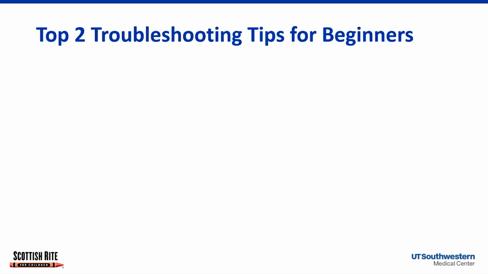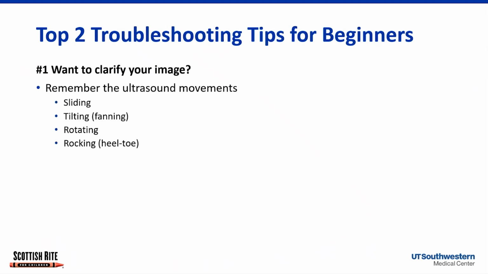All right. So just a couple of tips for the beginners out there. Like, "Man, I want my image to look better. Why can't I get the image?" Remember those subtle movements. That's going to be key, right? If you know your anatomy and you know those subtle movements, you'll be able to get really good images. And you can also check your settings to make sure they're appropriate: proper depth, gain, frequency.